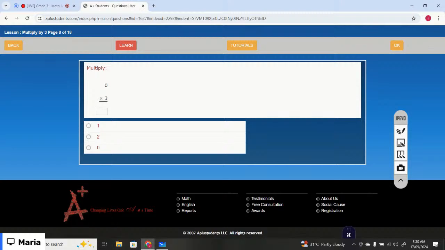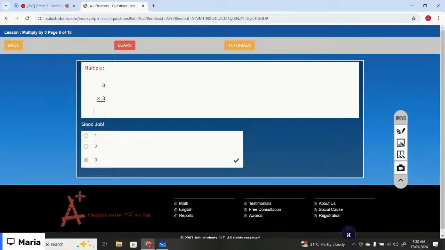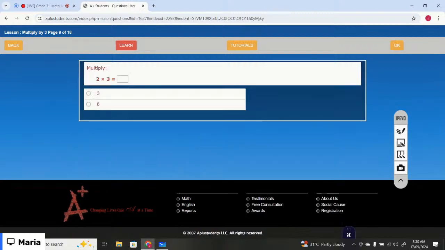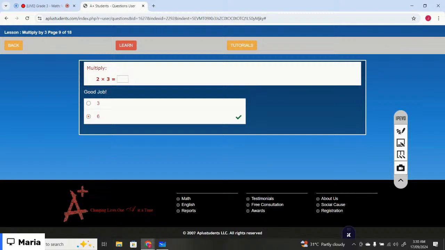Any number multiplied by 0 is 0. So 0 times 3 is 0. 2 times 3, which is the correct option? Yes, 6 it is. Option number 2 is the correct option. 2 times 3 is 6.